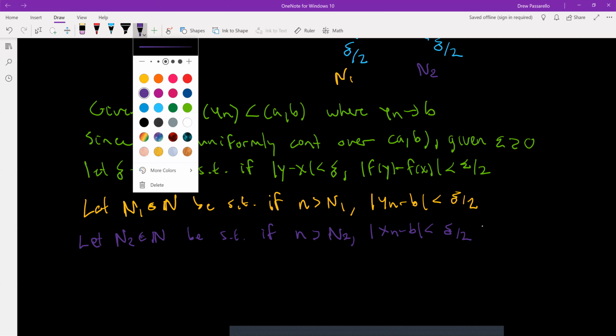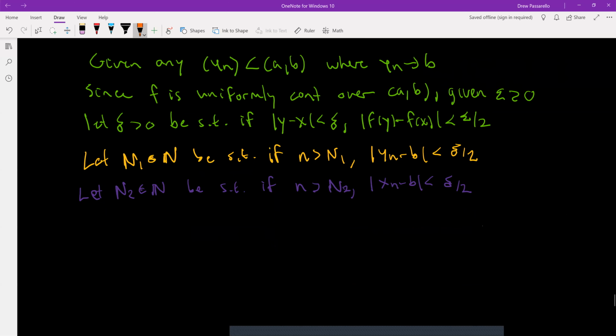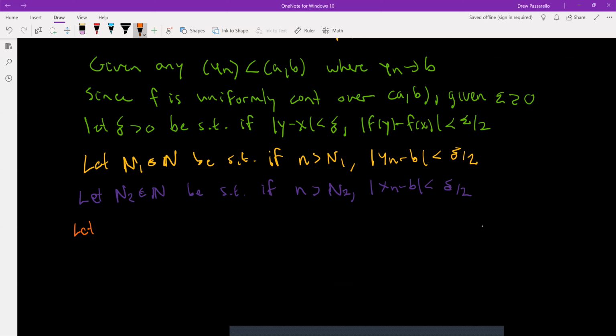And then let n3, I think I used orange, yeah, so let n3 be such that if little n is bigger than n3, then the absolute value of f of xn minus L is less than epsilon over 2.